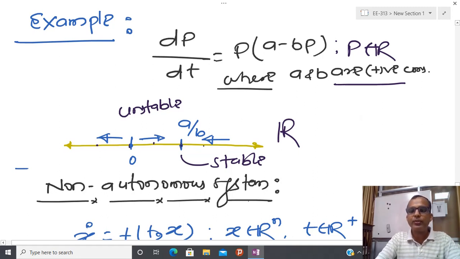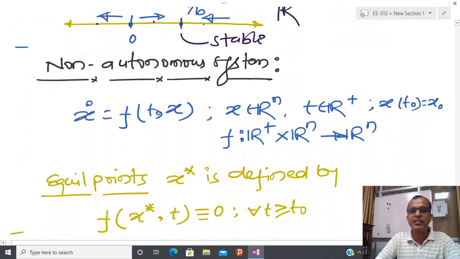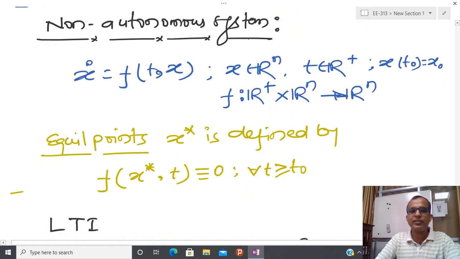Now let us come to the second class of system, and that second class of system is called the non-autonomous system. And I have already told you that the meaning of a non-autonomous system is that time is now explicitly present. And again, whenever you are representing any system, you have to talk about everything. We are saying that this dynamical system has n number of states.